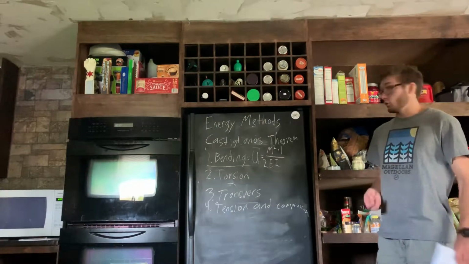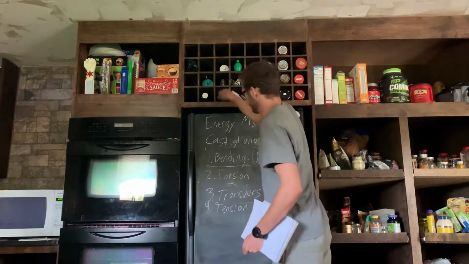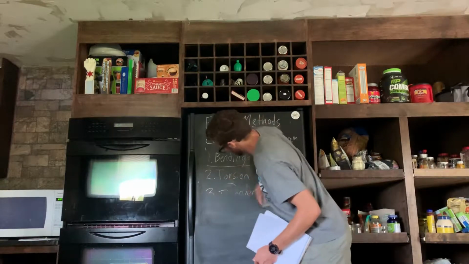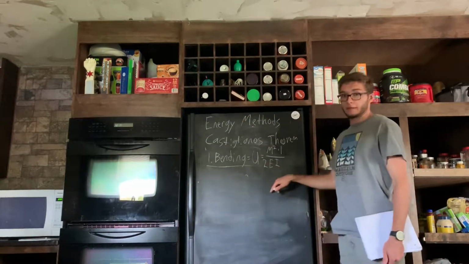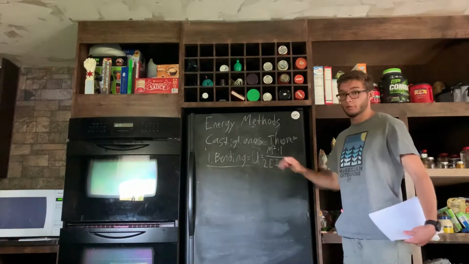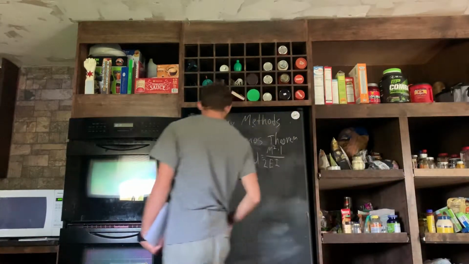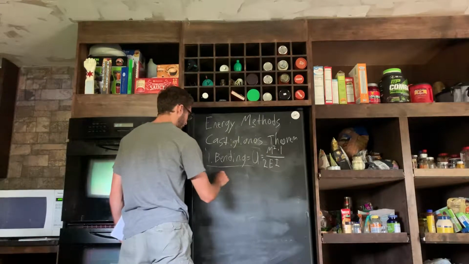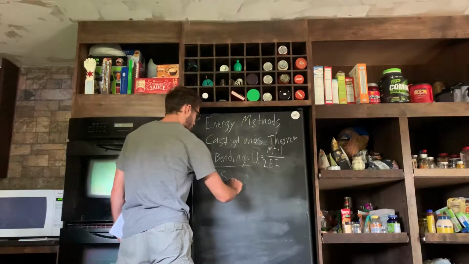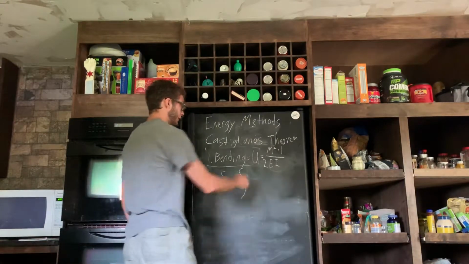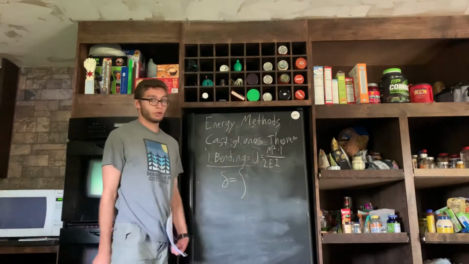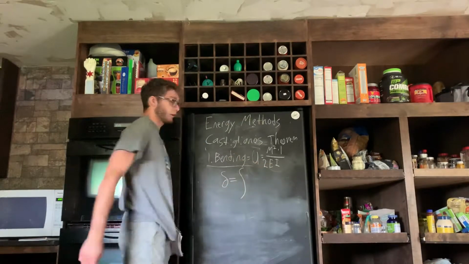Now, to solve for deflection, we need to take the integral of the energy we're given. So the deflection is equal to the integral of, and we're going to move the partial derivative to the inside of the integral.